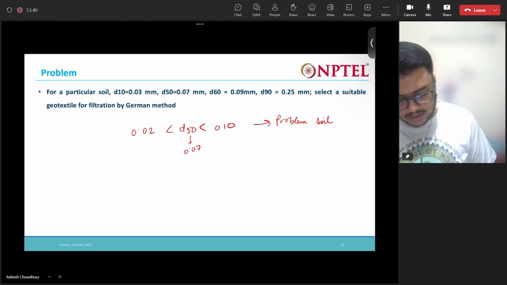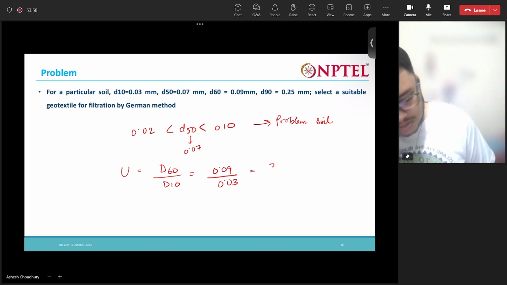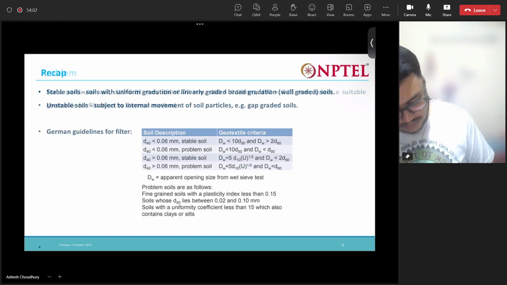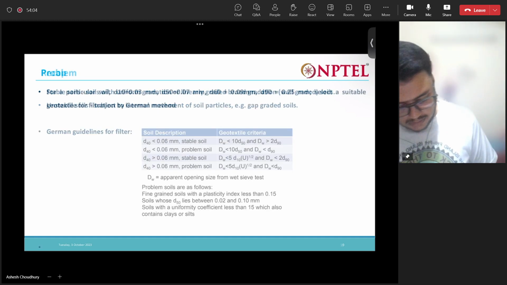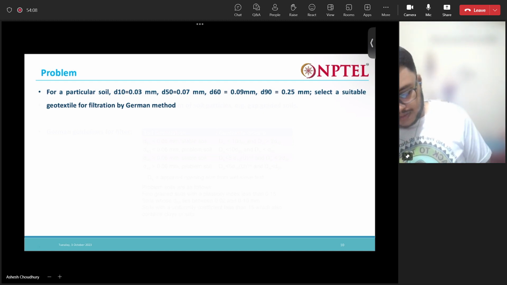Now let us find out the coefficient of uniformity. D60 by D10 is 0.09 by 0.03, equal to 3, which is less than 15. Okay.